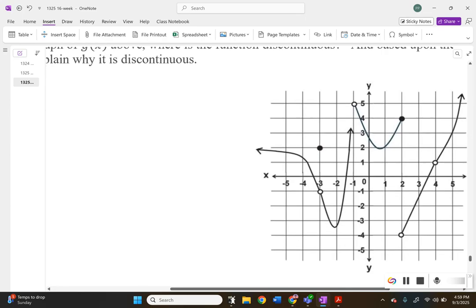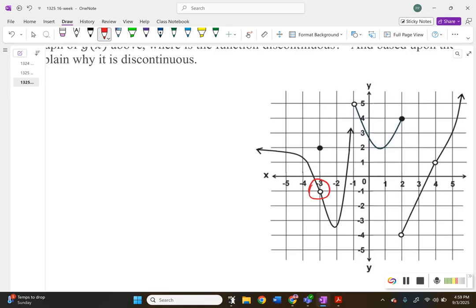If we look at this graph, reading left to right, the first place we come to where it would be discontinuous is at negative 3. So it's discontinuous at negative 3. We check three things. First, f of negative 3: is there a point at negative 3? Yes, it's right there. So that's fine. Then we check, does the limit as we approach negative 3 exist?